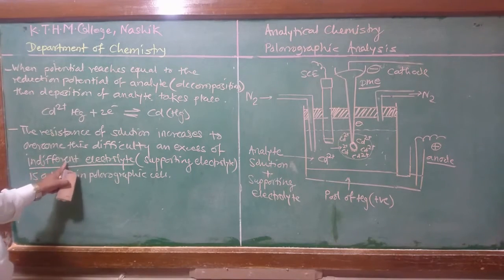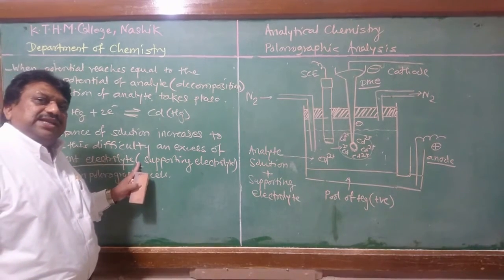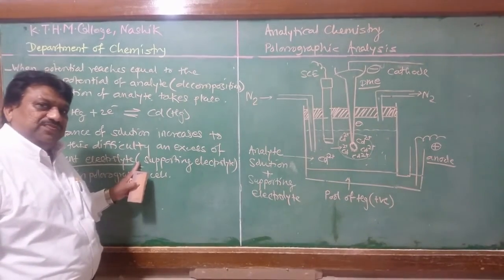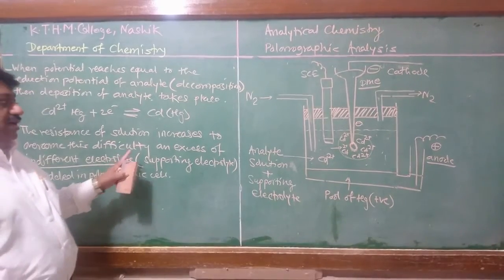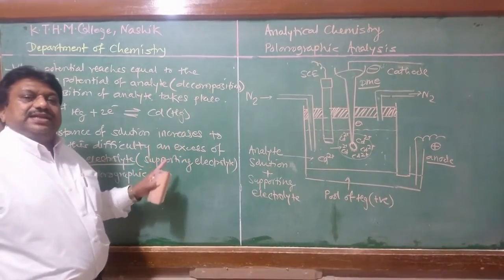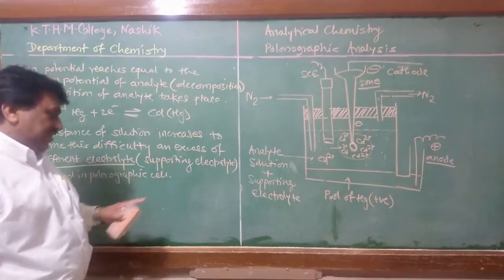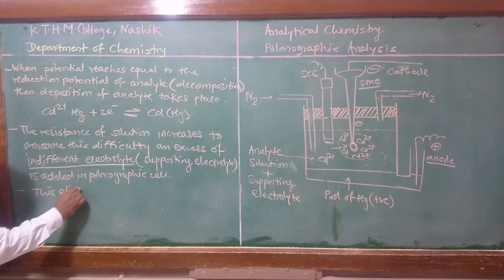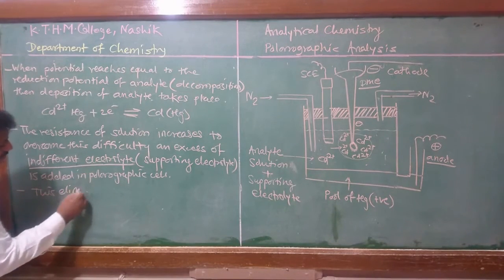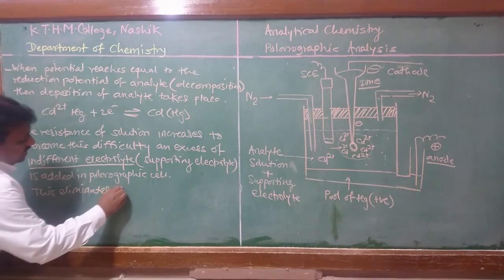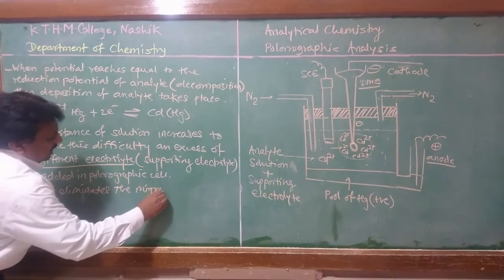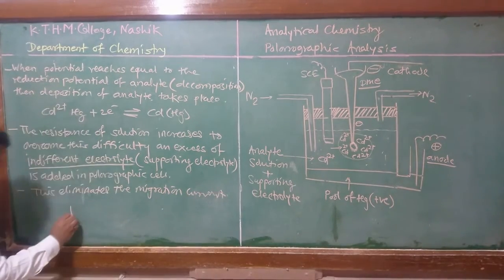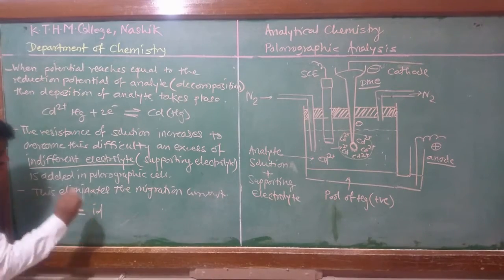Therefore, here the indifferent electrolyte means the electrolyte which is not reducible at a potential where the analyte reduces. This indifferent electrolyte decreases the resistance of the cell and it eliminates the migration current, and at that time the current flowing through the cell, I, is equal to only ID.